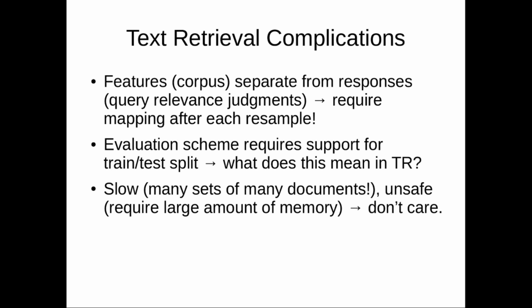And depending on what kind of toolkit you're using, the entire corpus may have a completely new document ID index afterwards, because they might be automatically ordered based on what lines are there in the corpus. This means that your query relevance judgments need to be mapped after each resample.